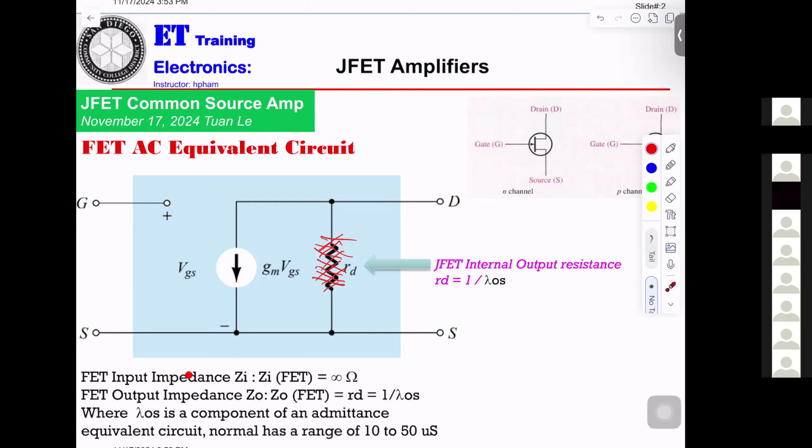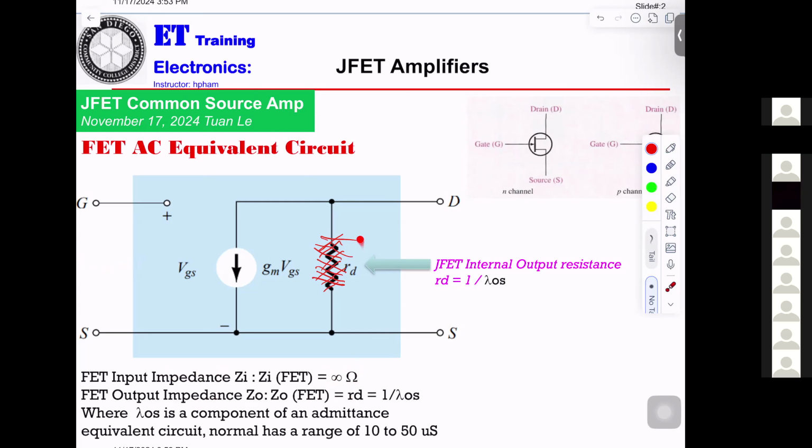Looking into the input here, the input impedance is almost infinity ohm. That's telling you the input impedance is very high. Output impedance, right now they're talking about that resistor right here.